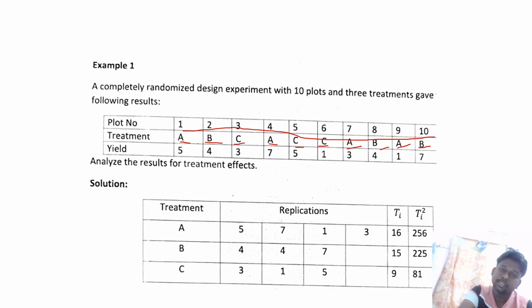So we make a table with treatments A, B, C row-wise. For A we have 5, 7, 3, and 1; we can keep 3 and 1 or 1 and 3 in any order, since there is no issue in this one-way classification, because we calculate column-wise.